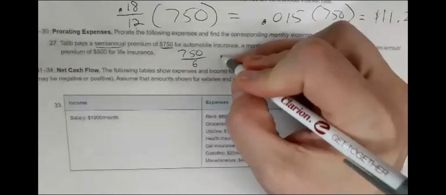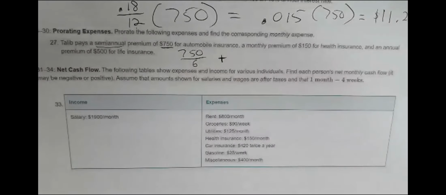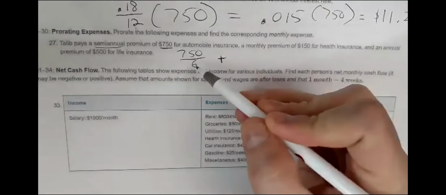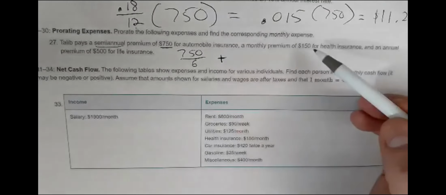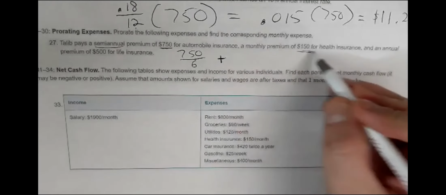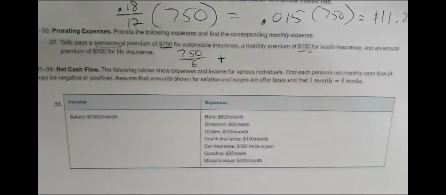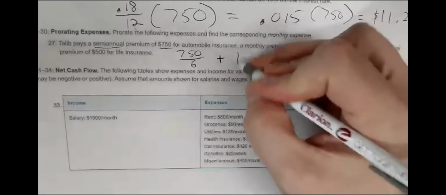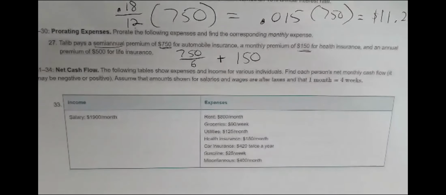And I think they're adding it in the book. So we could do them separately. I guess we could write them separately. But I think they're just going through and adding these things. So if it's $750 semi-annually, $750 divided by 6, the next thing we see, a monthly premium of $150. So what do I have to do to that? If they're giving it to me monthly, and I want monthly, it's done, right?